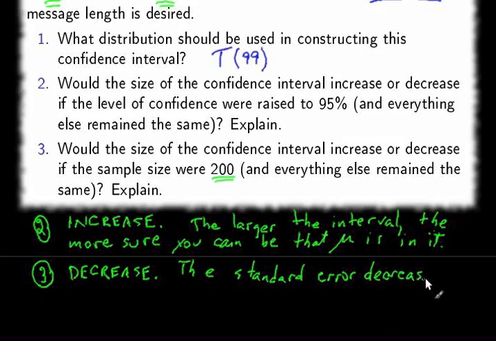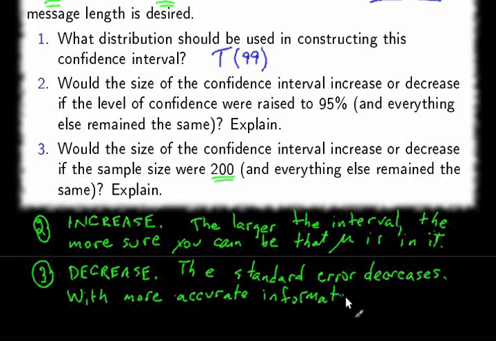Another explanation along the same lines of the first one is we have more information, with more accurate information we can report a smaller interval with the same confidence.